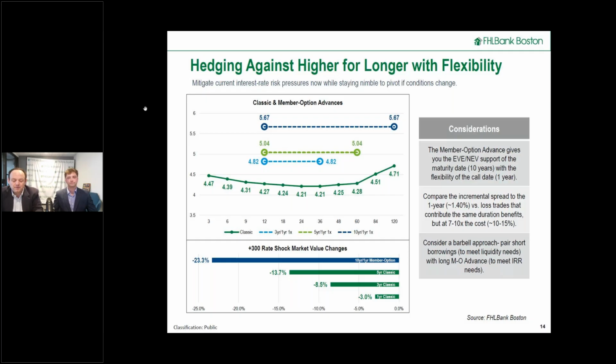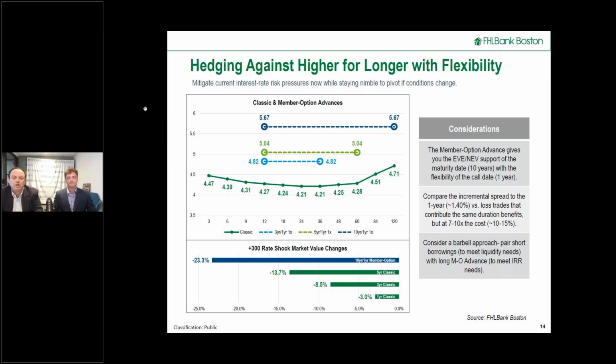So certainly if you're still sensitive to EVE metrics for banks or NEV, the net economic value test for credit unions, which all our credit unions probably know all too well about the pain being caused by that test. Well, then, let's talk about the member option advance.